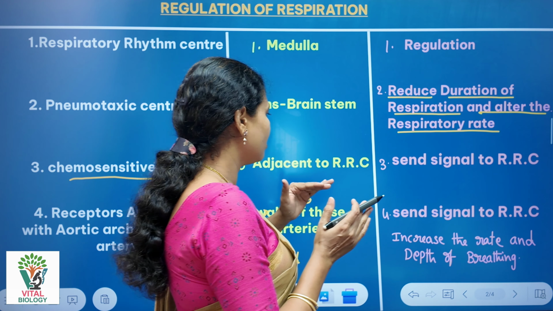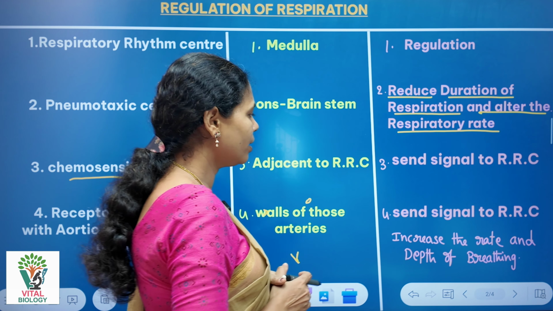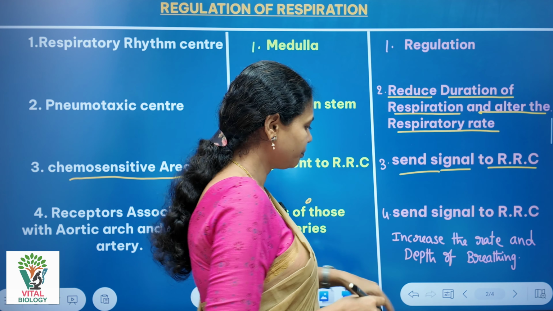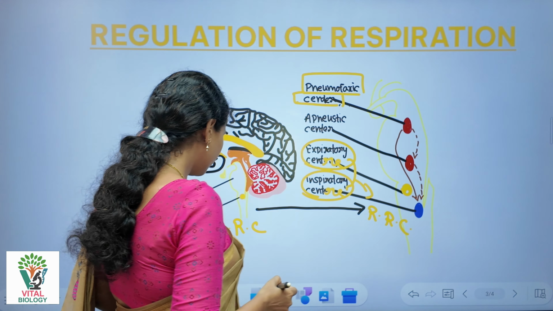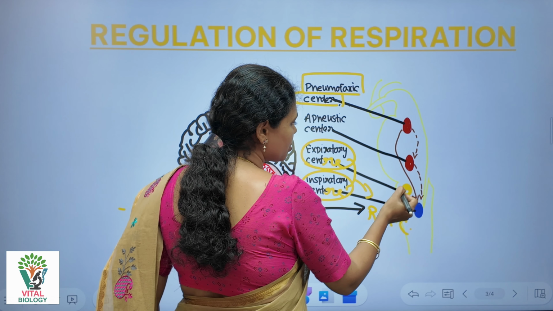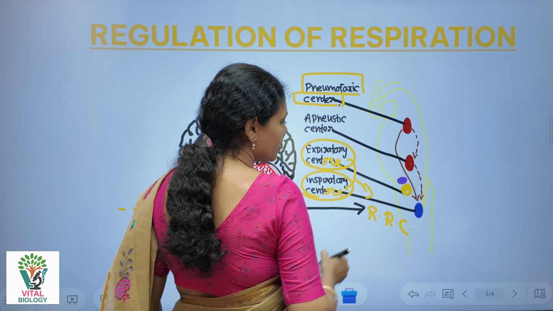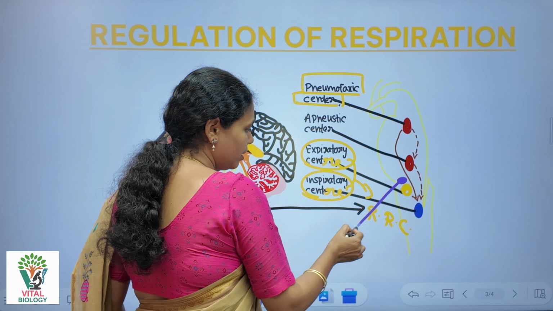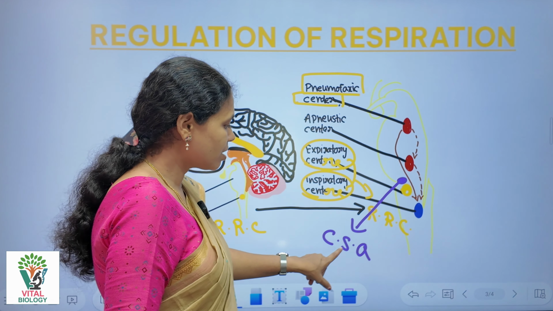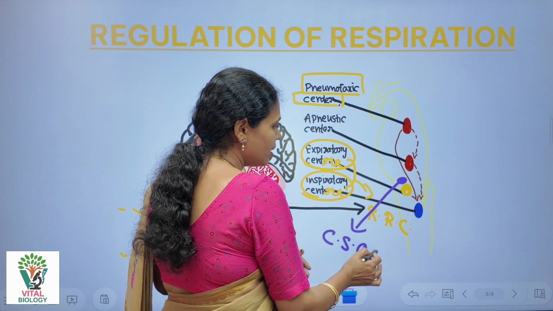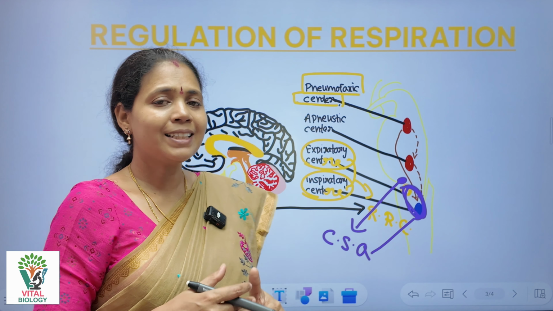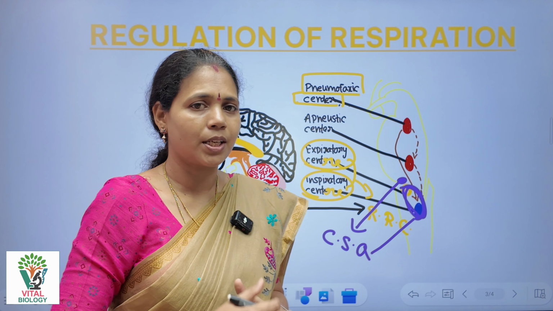And what will this chemosensitive area do? Generally, it will send signals to the respiratory rhythm center. For example, in this picture, this is the respiratory rhythm center, and just adjacent to that is the chemosensitive area, which gives signals to the respiratory rhythm center.